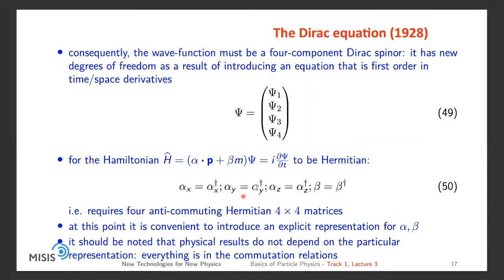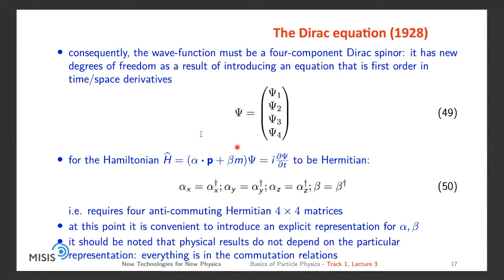Consequently, the wave function must be a 4-component Dirac spinor. It has new degrees of freedom as a result of introducing an equation that is first order in time-space derivative. So psi is here some vector of 4 objects.